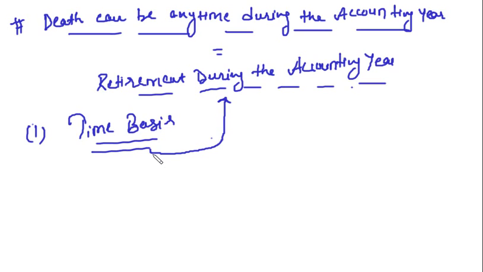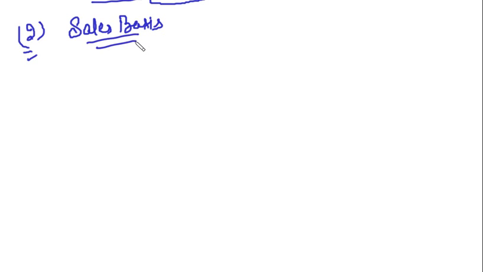The second one is the new addition. Second one is sales basis. Right? Now, what is this? Let's see with an example.